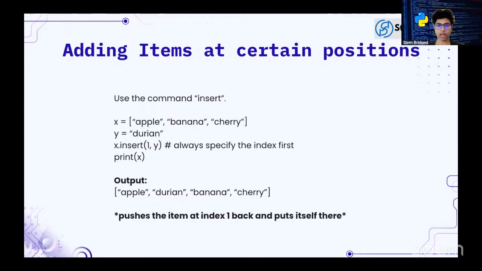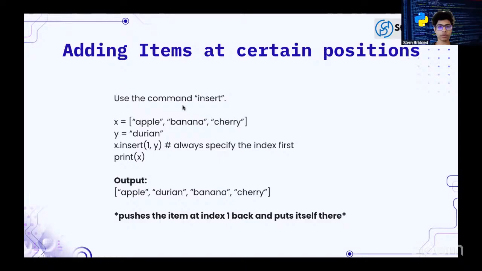Now, say you want to add an item at a certain position. Then you would use insert. So x is this list. Again, y is durian. And then you would do x dot insert, the index, which in this case is 1. So again, start at 0 and then count up by 1.